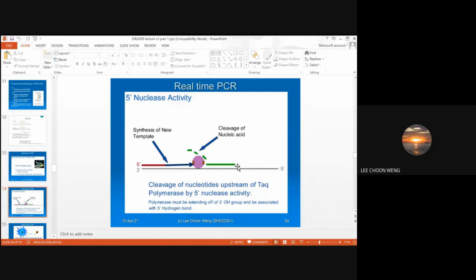Once the distance between the R and Q is far, the R starts to fluoresce because the quencher no longer removes the energy from the R. So from each gene that is amplified, you will have one reporter fluorescing. That's why if you want more accuracy, you go for the TaqMan approach. But the TaqMan approach is more expensive because you have to synthesize the probe.